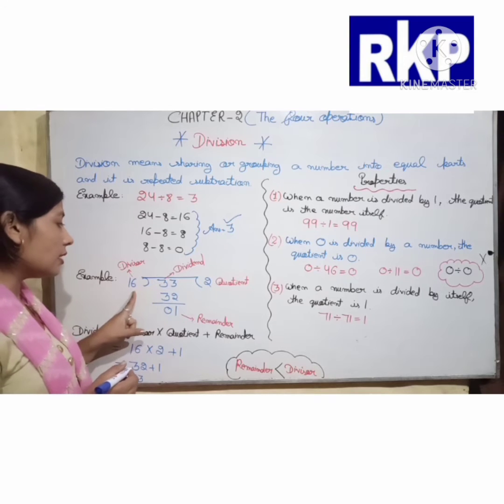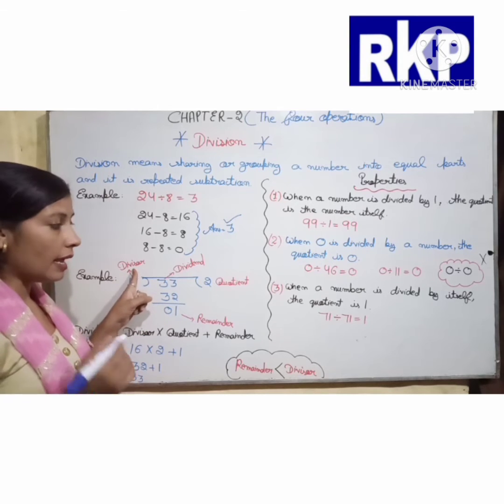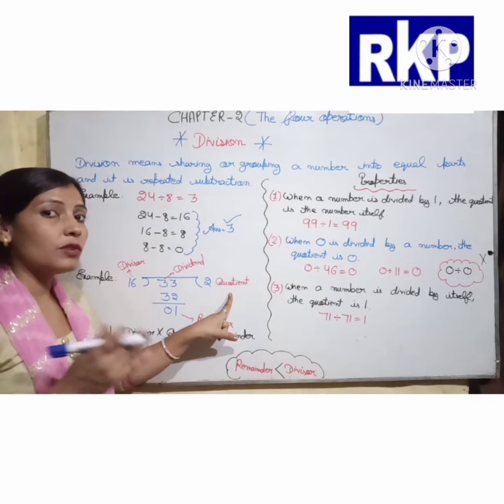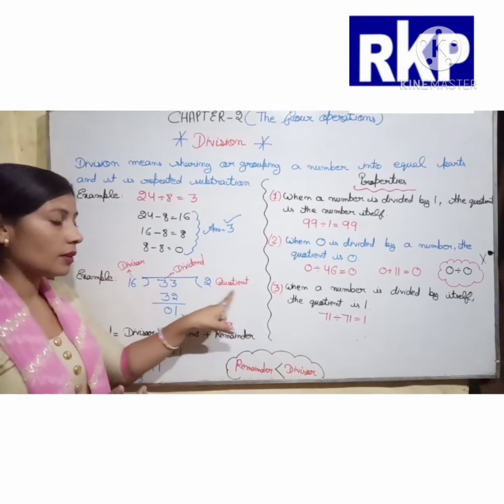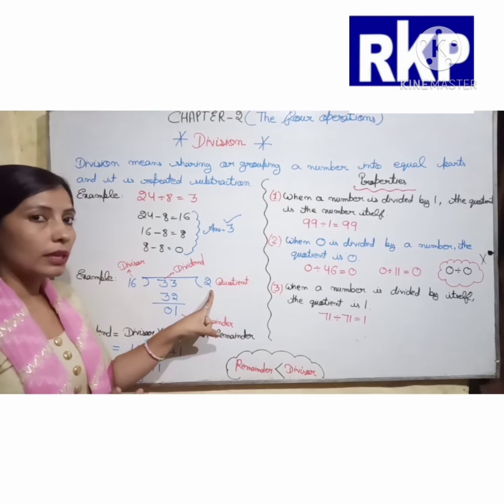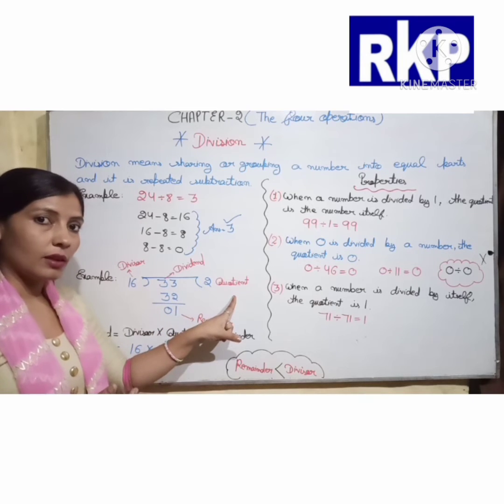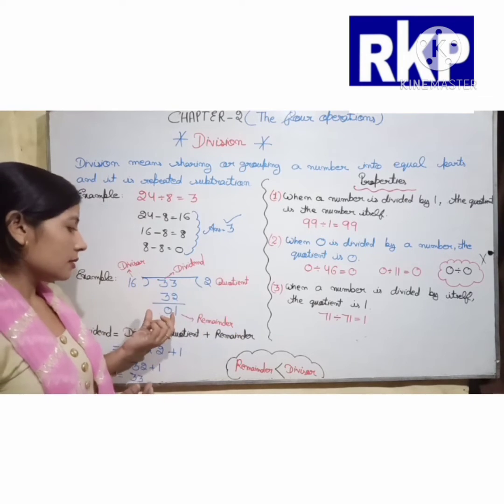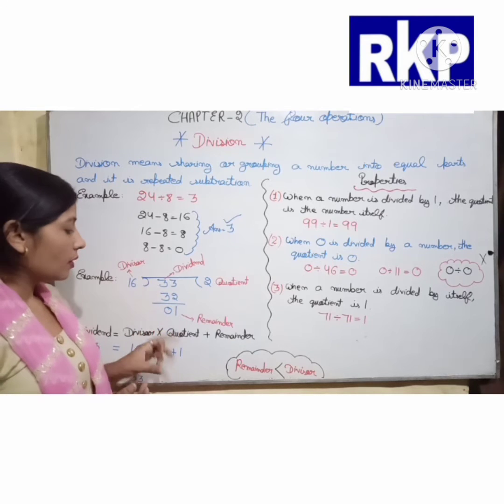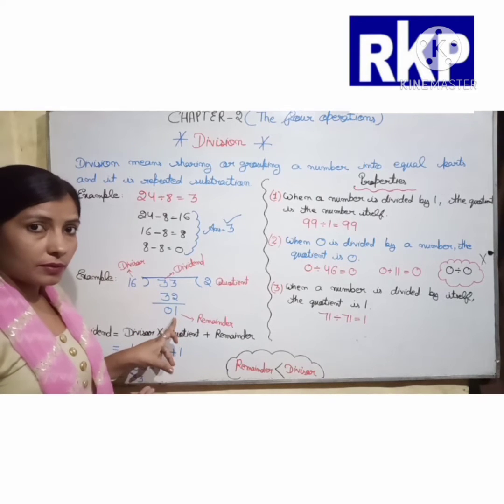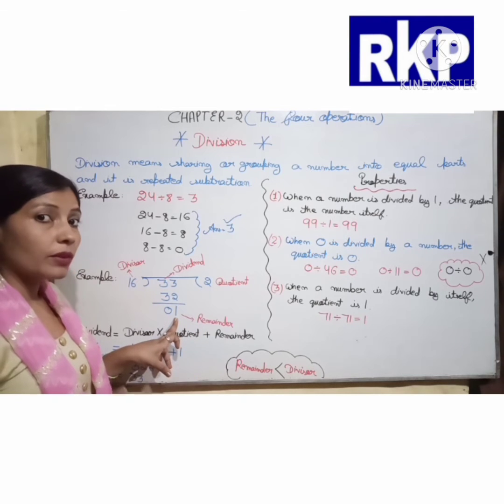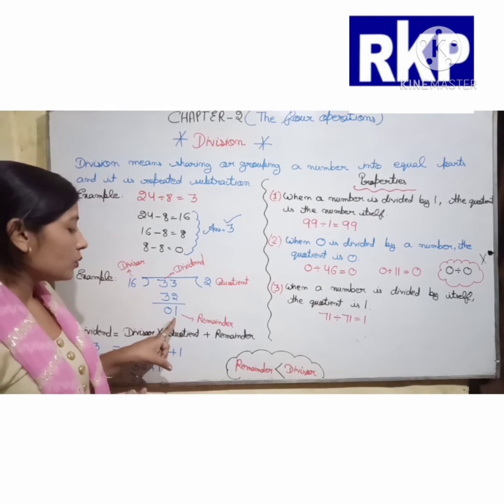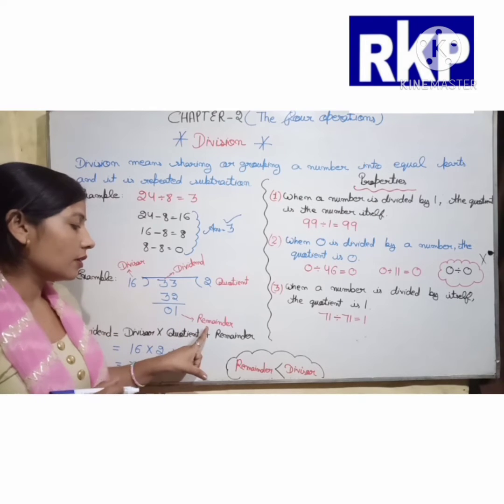So here 16 is the divisor. And the result which we get after division, that is called the quotient. So here 2 is our quotient. Okay. And after this process of division, what is left? Remainder. Okay. So here 1 is our remainder.